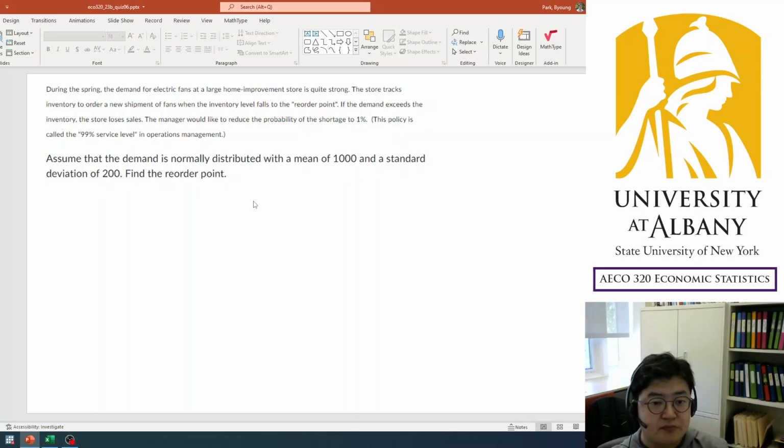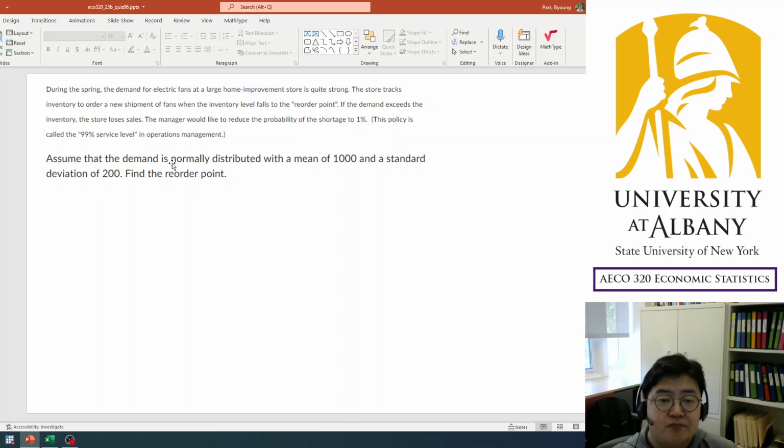So the idea is like this. Demand is random, you don't know how much demand there will be, but you have to keep a certain inventory to sell, even if there is demand. But if you don't have inventory in place, then you cannot sell, right?